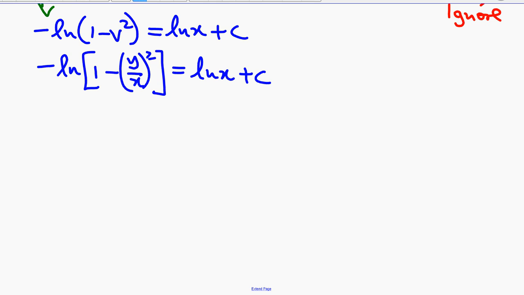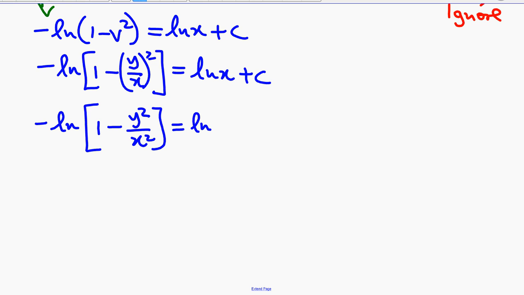And we can carry on simplifying this, negative ln of (y squared over x squared) equals ln x plus ln a. So instead of plus c, we can write that as ln a.